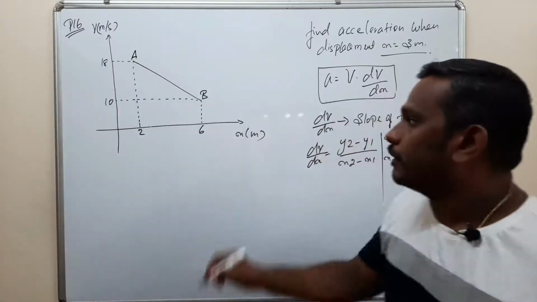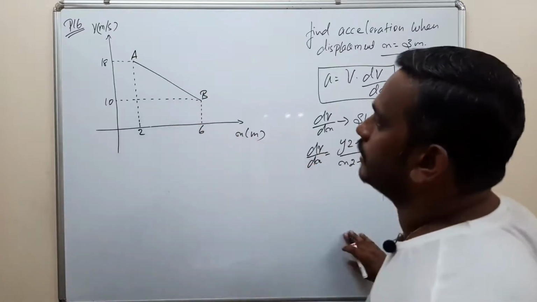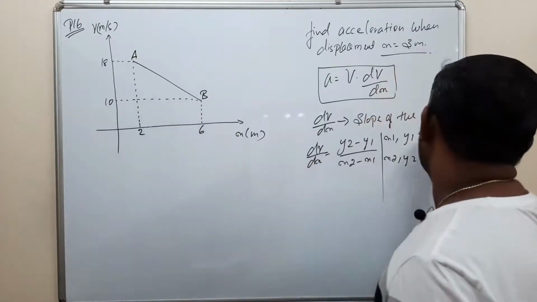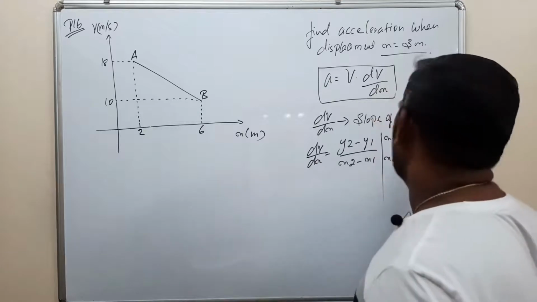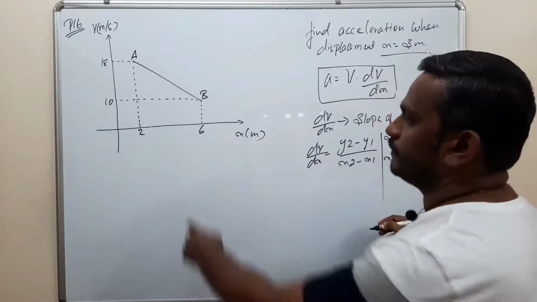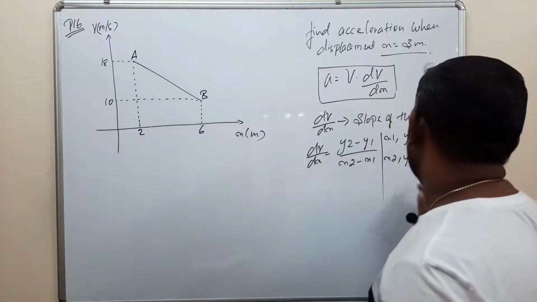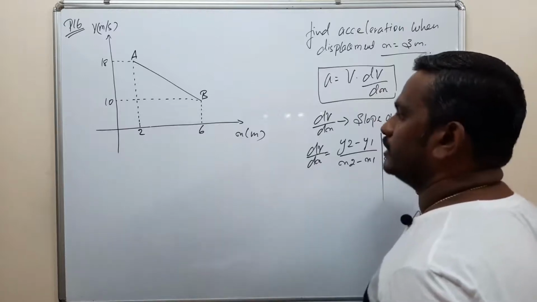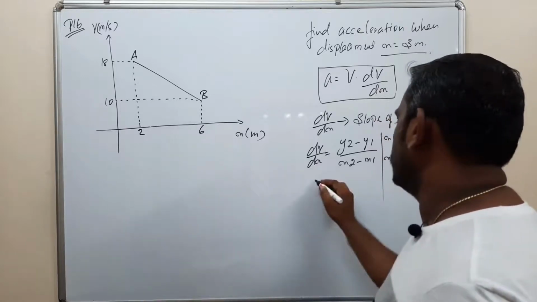So x1 is 2, y1 is 18, and x2 is 6, y2 is 10. Substitute the values.